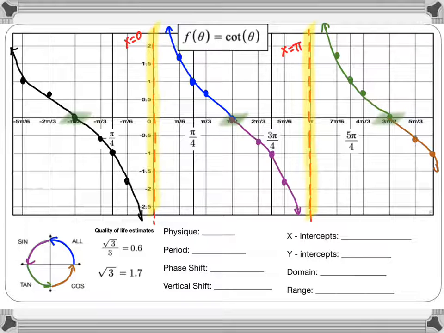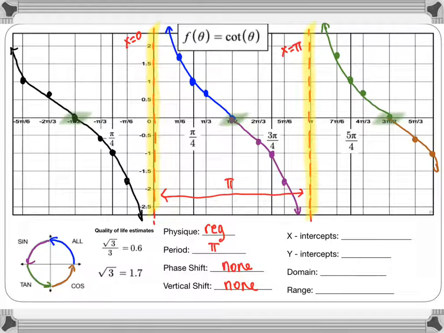And so our function in the standard position is going to be regular. The period, the distance between the asymptotes, is going to be pi, and that's where it repeats itself. The phase shift is still going to be none, and the vertical shift is still none for the time being.